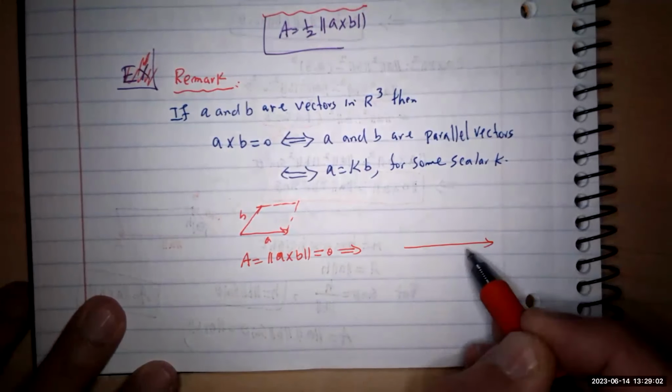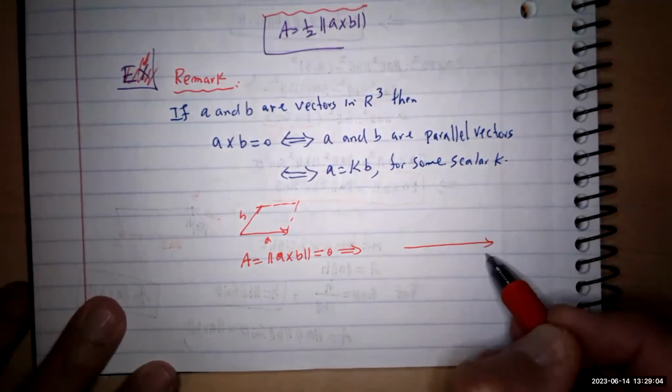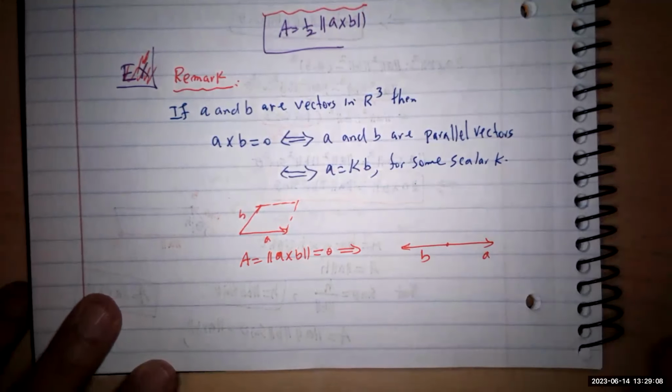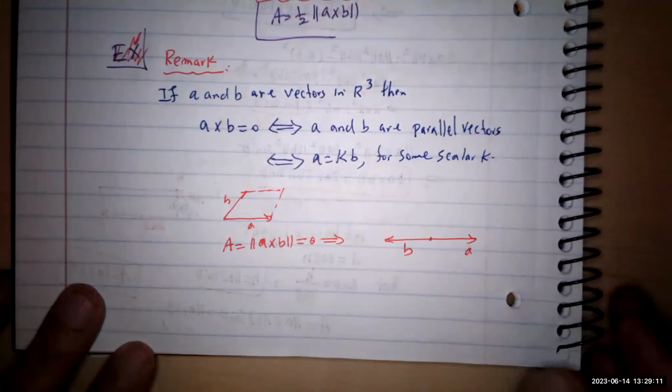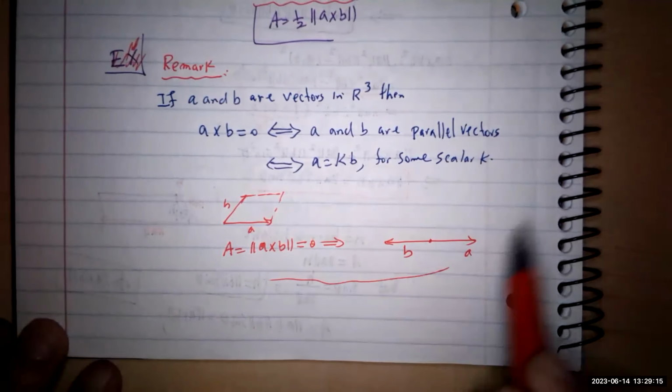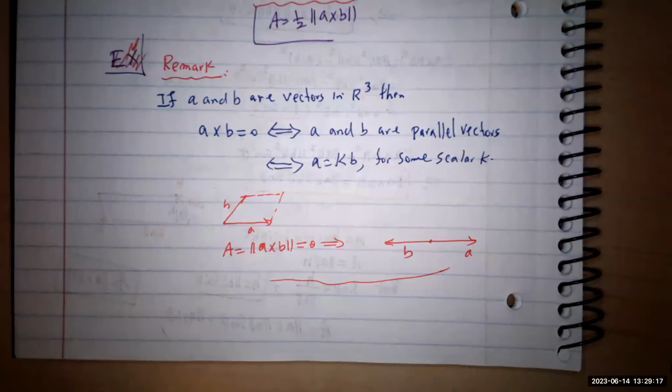This is what we're going to have. This is A and this is B. So in that case, this is what we call parallel vectors. And that would be the cross product. And there is a similar one, we call it the scalar triple product.